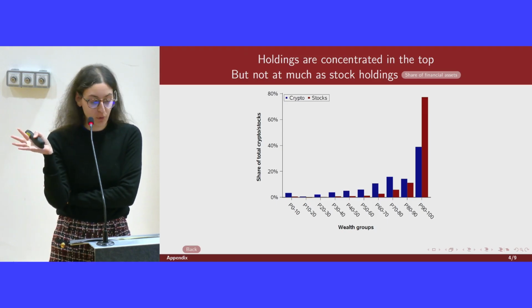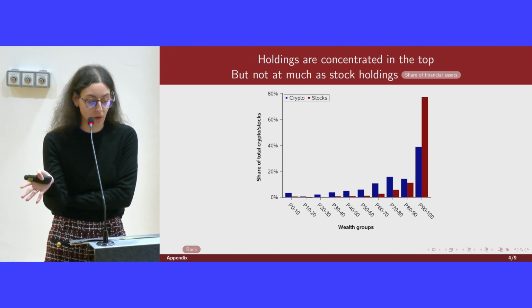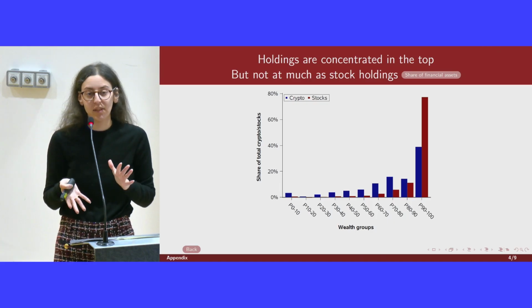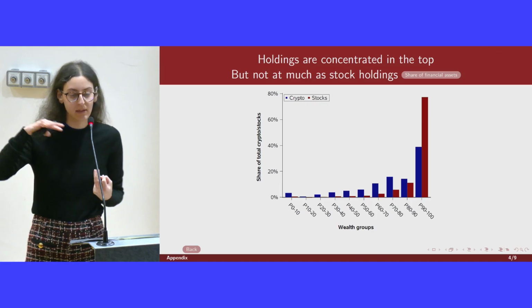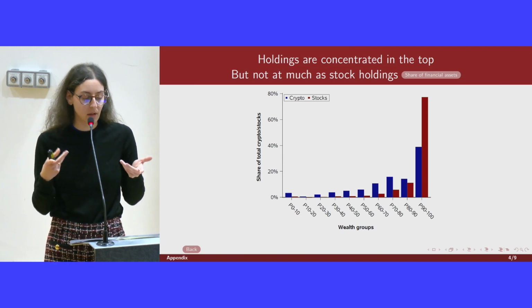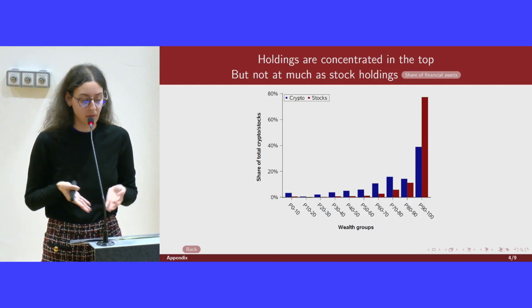Along the wealth distribution, here we have in blue the crypto ownership, and in red the stocks. In stock ownership, around 80% of stocks are held by the wealthiest 10%, but in crypto it is much less. Of course, it is still concentrated, but not as much as stocks.